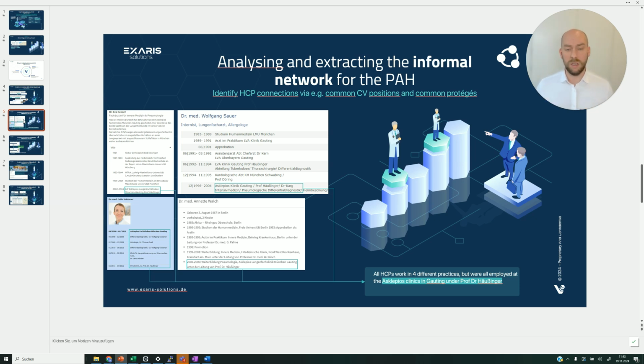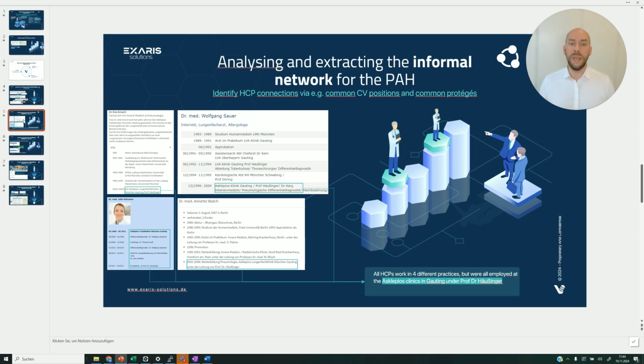So you will see this analysis, and you will see this connection only using AI. And this connection leads to a completely new network and a completely new view of your physicians, because those physicians are completely spread out, in this case over Germany, but they have one connection: they worked at the Asklepios Klinik Gauting in the same time slot and had the same protégé, the same doctor, Professor Dr. Heusinger, and they are all connected to the disease and all connected to the pulmonary topic.